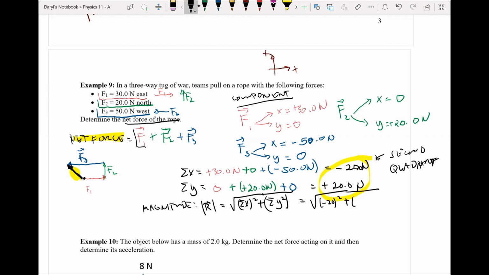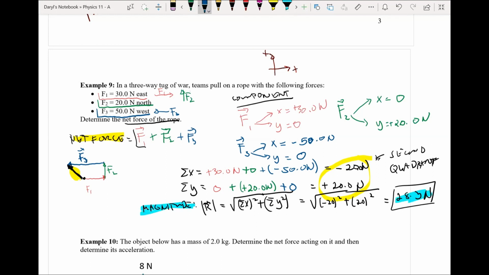Regardless of whether it's negative or positive, it should give you a positive value. Taking that, you get 28.3. That's still the magnitude, so this is not your final answer.